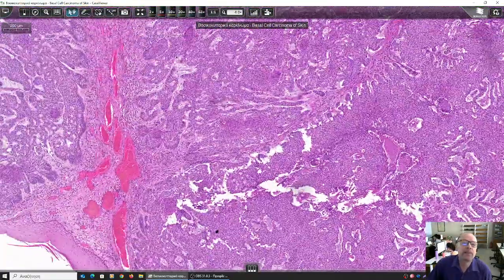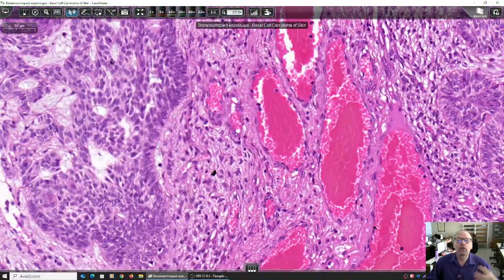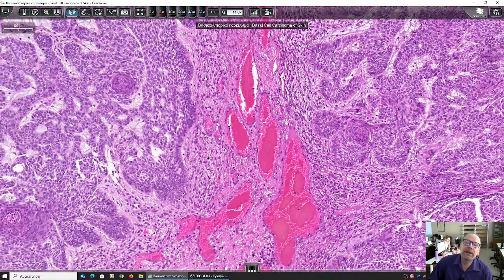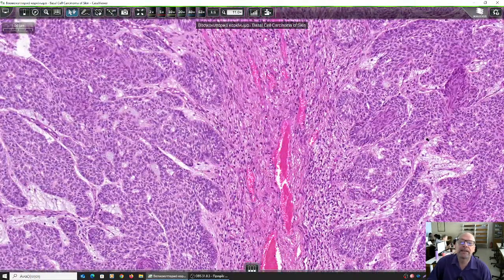And if we look at the periphery of these downward projections, proliferations, you see that one cell is opposite to the next one. That means it has a pattern, like one cell like the other, just like normal basal cells do.